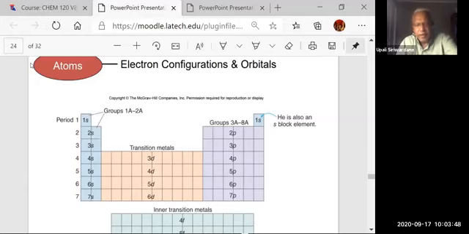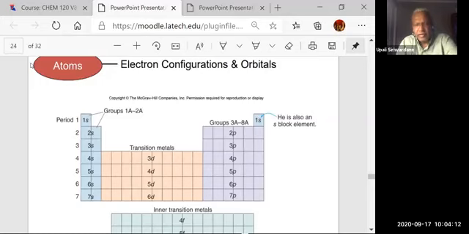This periodic table shows the last electron added to group 1A, or group 1, is added to an s orbital, and you can find which s orbital from the period. Then for the B elements, the transition elements, the last electron is added to d.